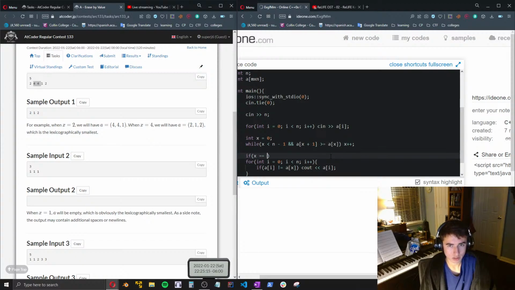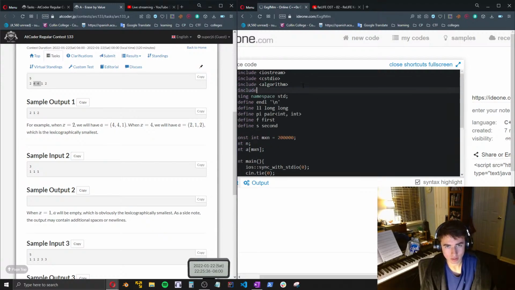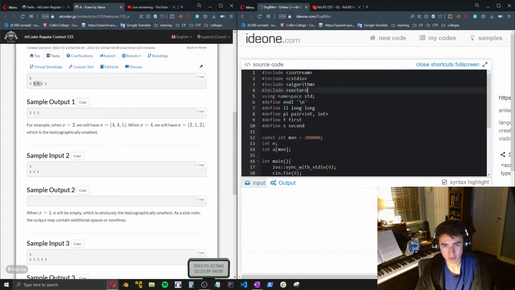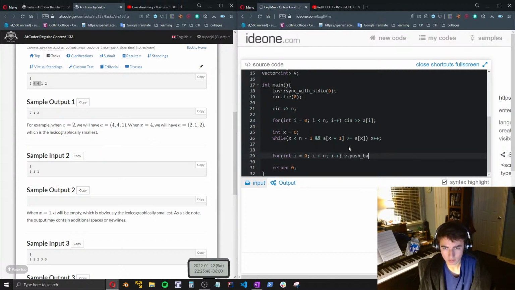If x equal to -1, a of x equal to a of 0, not equal to a of 0. Whatever. I just like to make sure that I am not printing a space at the end. You're allowed to have a space at the end of the output, but I don't like that.